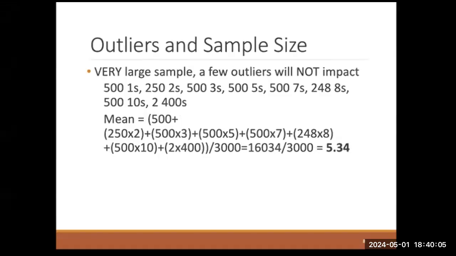All of that comes up to 3,000 if you added it all up. And what this shows, if you take the mean, you have 16,034 divided by 3,000, which is the number of data points, the mean is 5.34. So those values of 400, the two 400s, which are outliers, would not affect it.